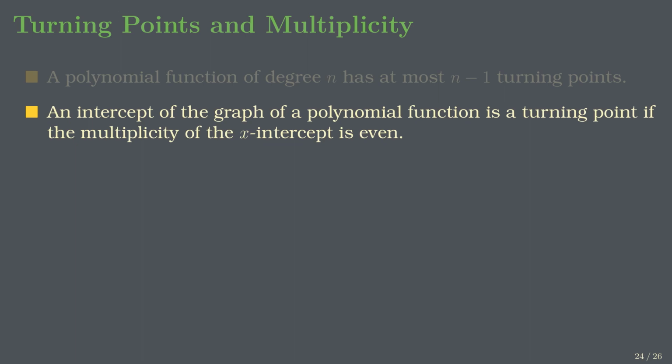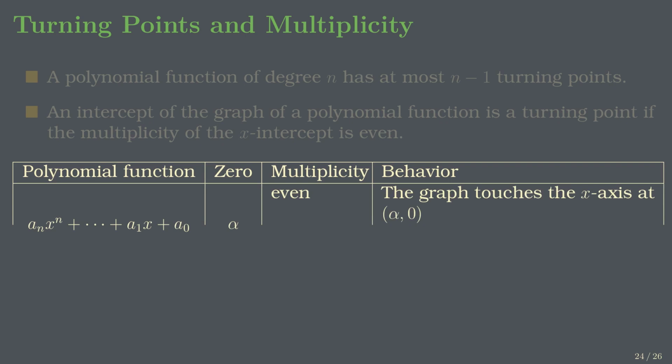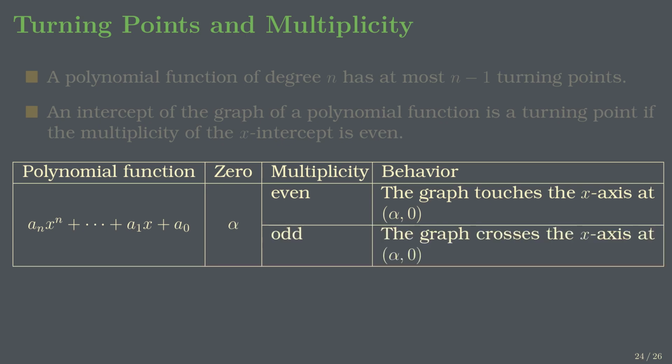Okay, and for a zero, when we talk about multiplicity, we can divide it into two cases, even multiplicity and odd multiplicity. So we already know that when the multiplicity is even, then the graph touches the x-axis, meaning that the corresponding x-intercept is actually a turning point. And for odd multiplicity, the graph will actually cross the x-axis.